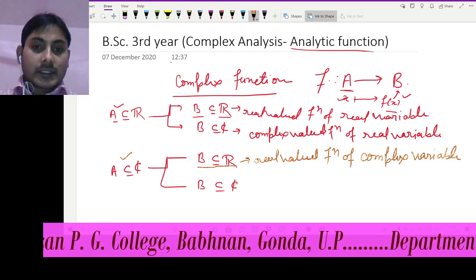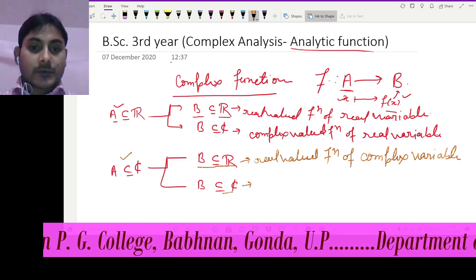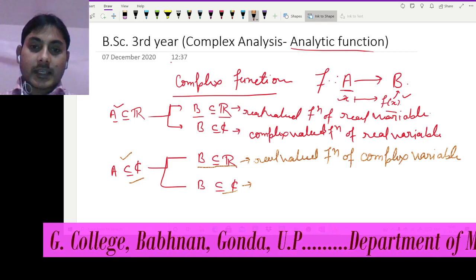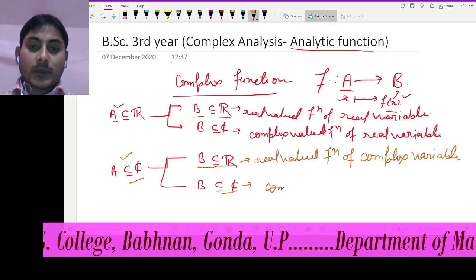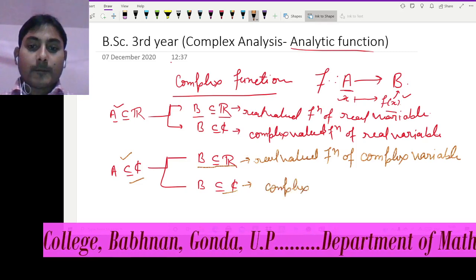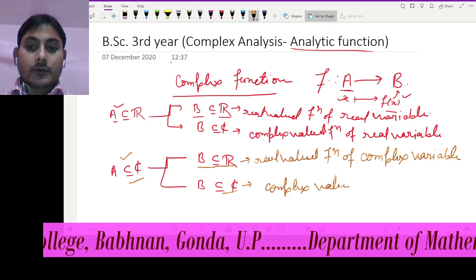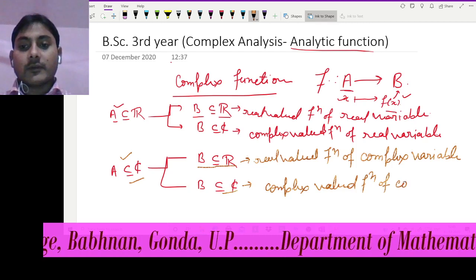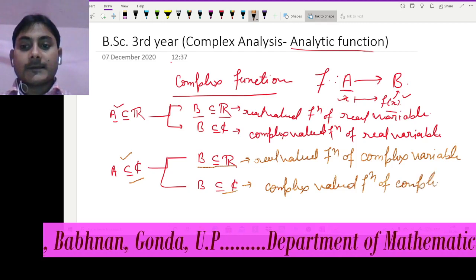And the next one is complex, because values are also complex and variables are also complex, so we say it is a complex valued function of a complex variable.